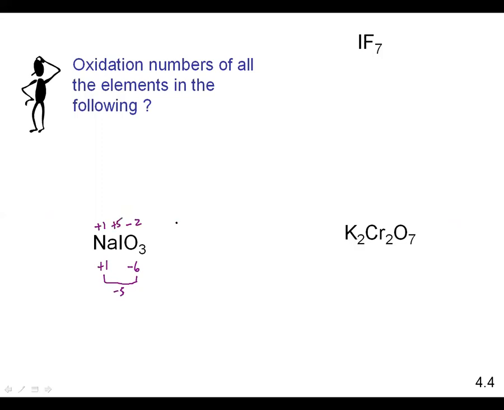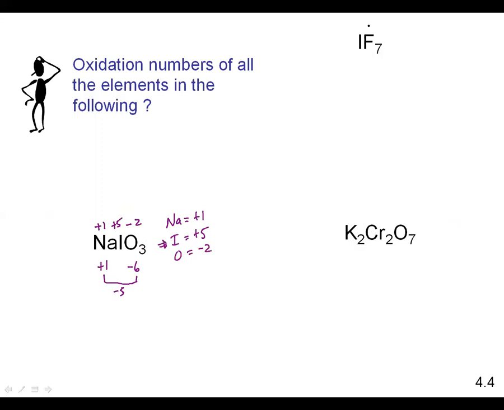That means our sodium is +1 in terms of the oxidation state, our iodine is +5, and our oxygen in this case is -2. As I mentioned before, oxidation state is slightly different than charge as we normally think about it, with iodide as -1.